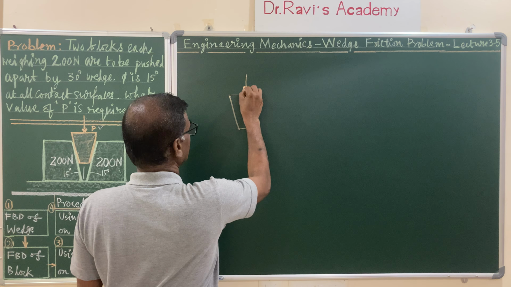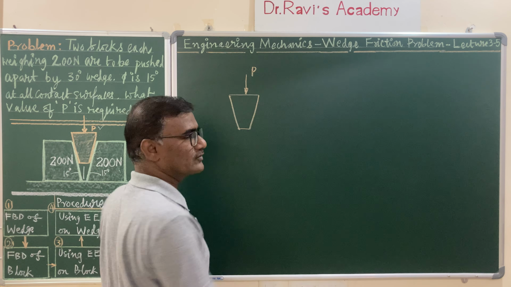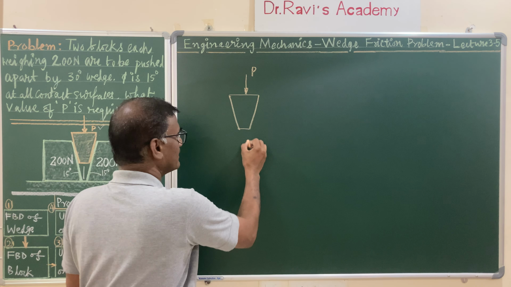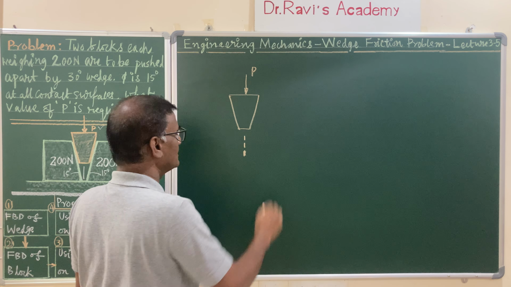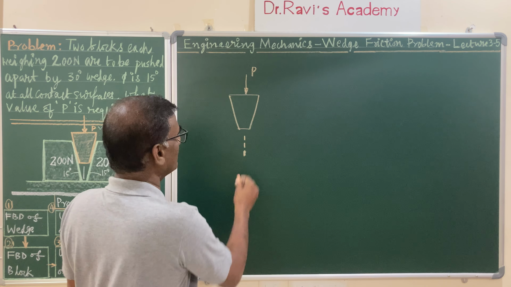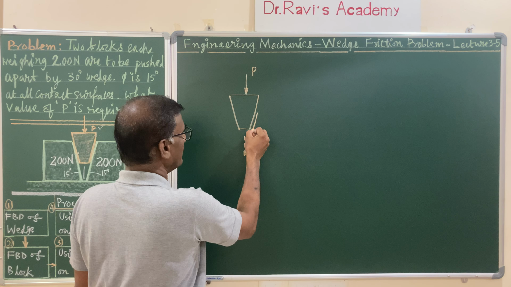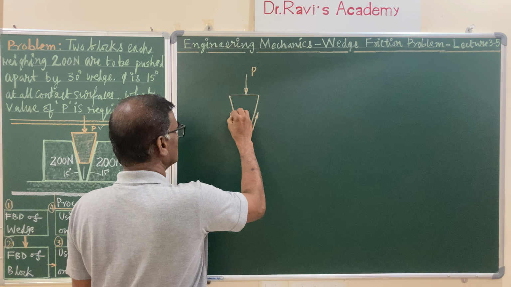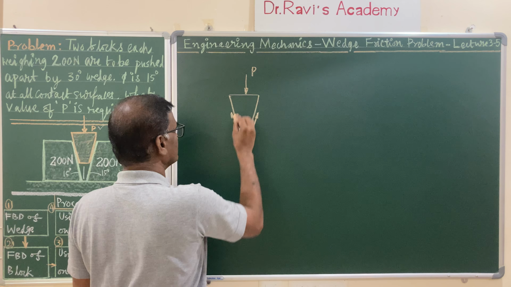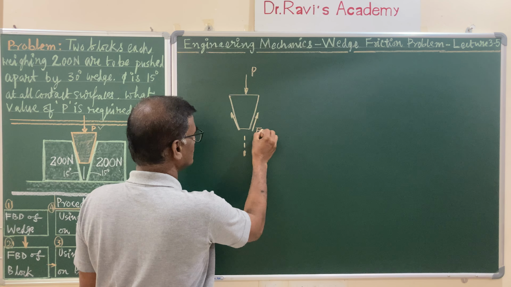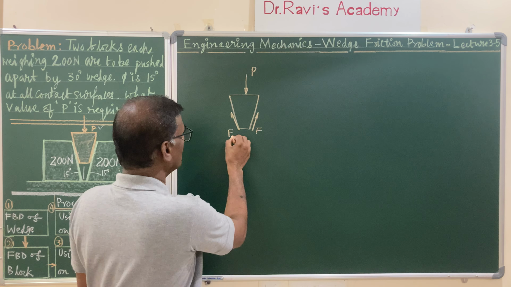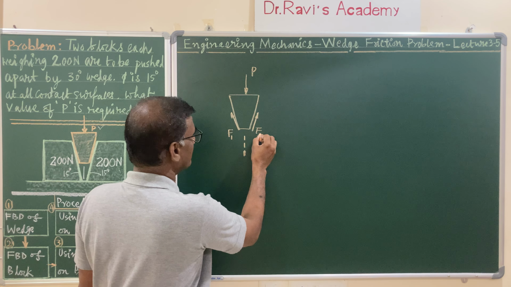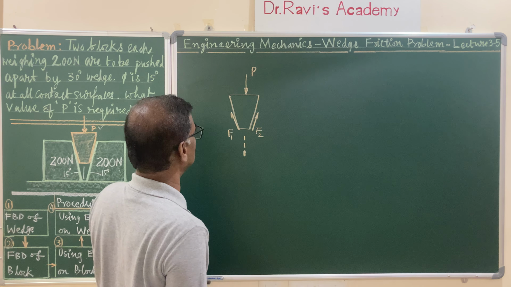The wedge is the part on which the external force is applied, and remember the impending motion is down the plane. Obviously, the frictional forces are opposite to the direction of the motion. So this is frictional force F, and this is also frictional force F. Let us call the left side F1 and the right side F2.